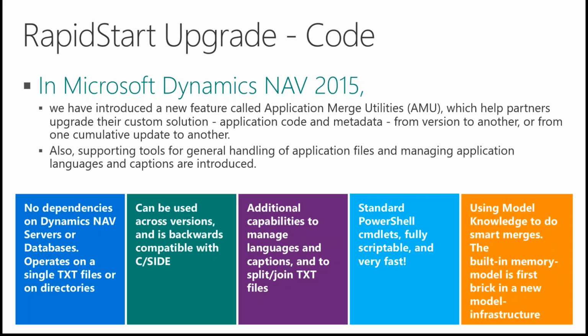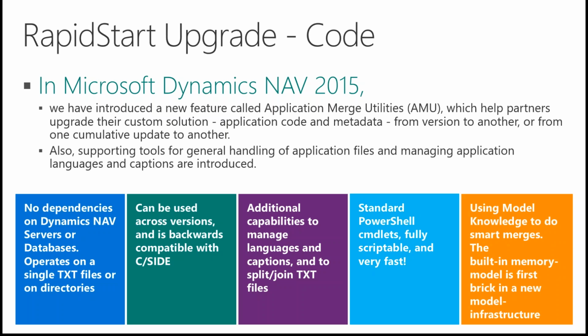So let me give a specific example. You're on NAV 2009, the last version I think was R2, and I've lost track of the versions, and it's been 40 years ago. But so we're on NAV 2009 R2, and we've made code enhancements. We've put ISV products that have done code enhancements to the R2 version.